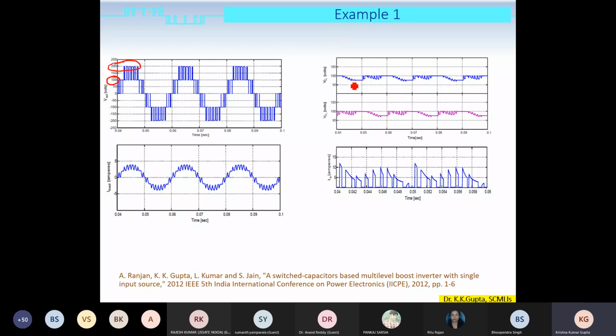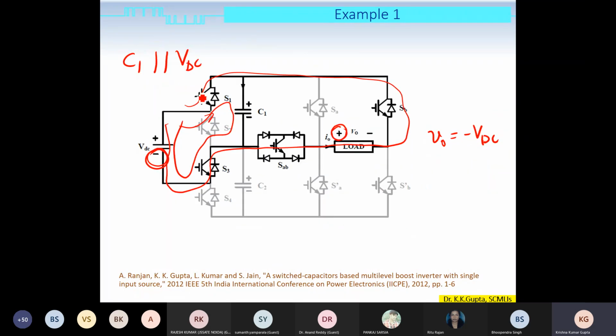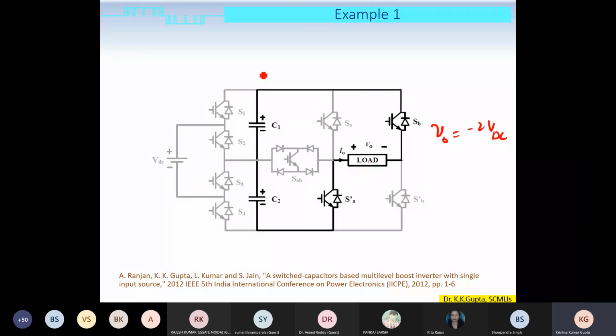So we get a fairly balanced voltage profile for the capacitors, and this principle where the capacitor is coming in parallel with the source and the load is being supplied with a series connection, this principle is called the switched capacitor principle.